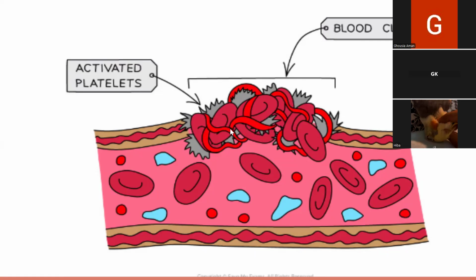So a sort of plug forms over here to stop further bleeding. If platelets were not there and there was a slight cut in our body, we might bleed to death.